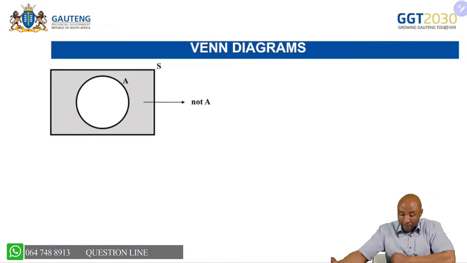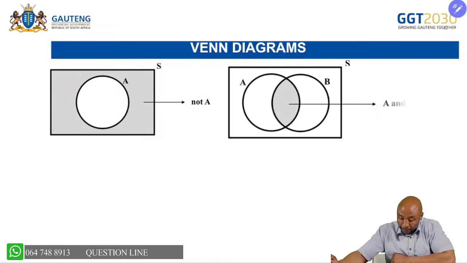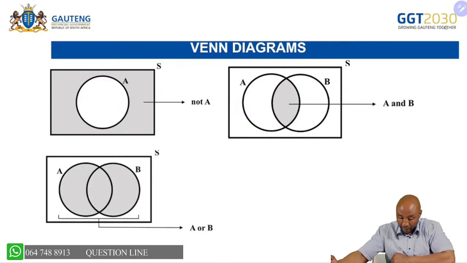We have talked about not A, the shaded area. A and B, the intersection, it's what is shaded when you are dealing with two circles, two events. A or B, you have all the events in the circles shaded.